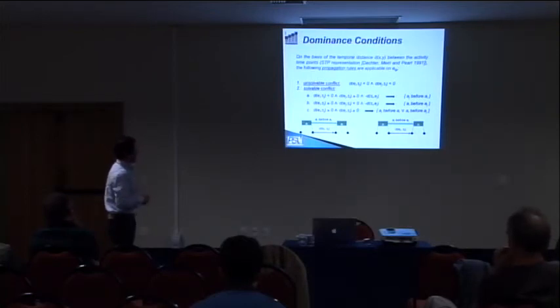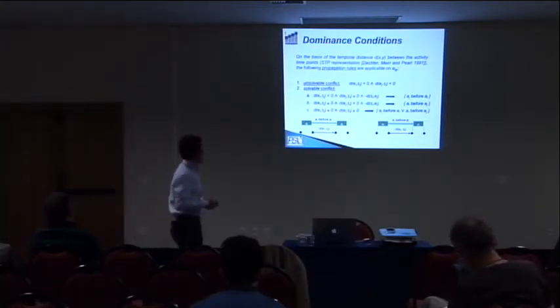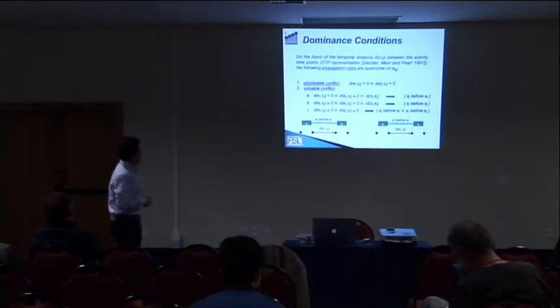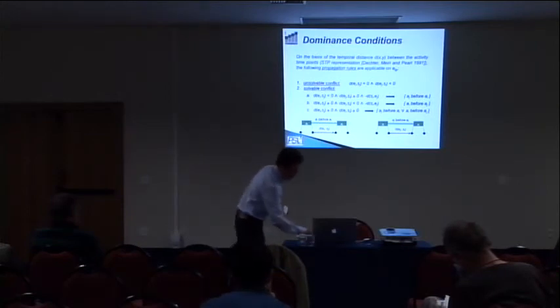The data are in the paper, but if the distances between the end time of one activity and the start of the other are both negative, the problem is not solvable. In this other case, basically, only one possible ordering is possible, and only in this case it's possible to take a search decision. It's possible to set an ordering between the pair of activities.